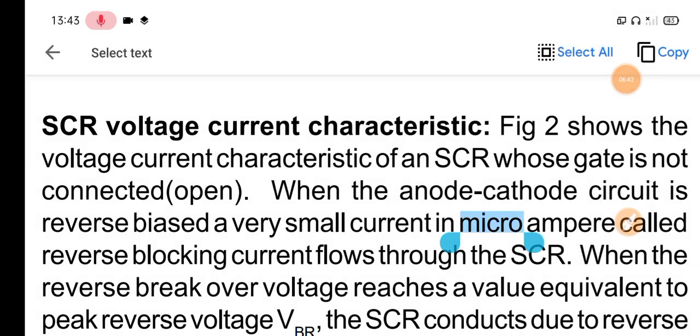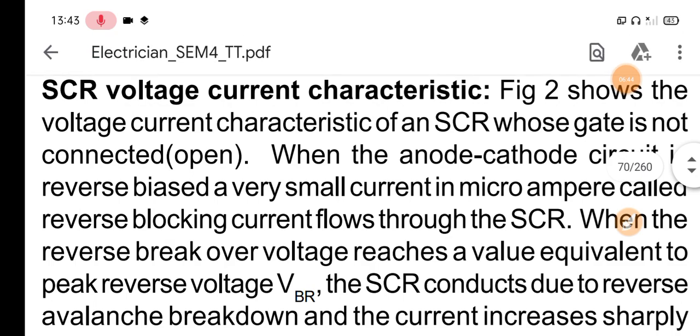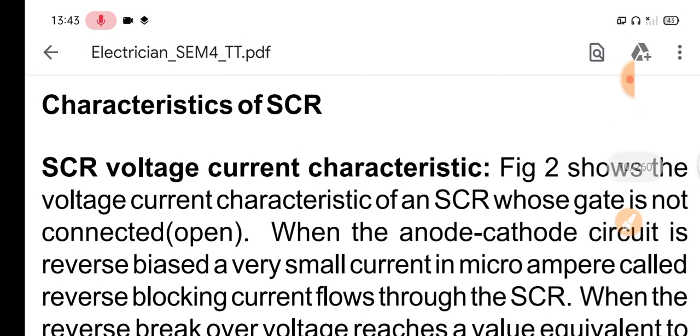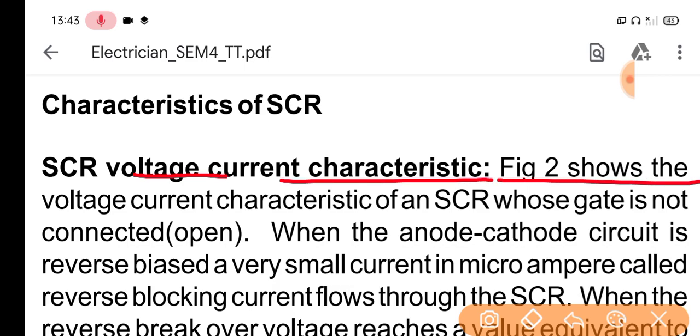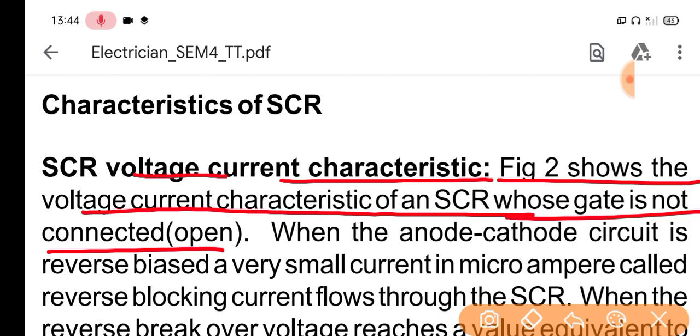Characteristics of SCR. The SCR voltage current characteristics are shown in picture 2, for an SCR whose gate is not connected or open.